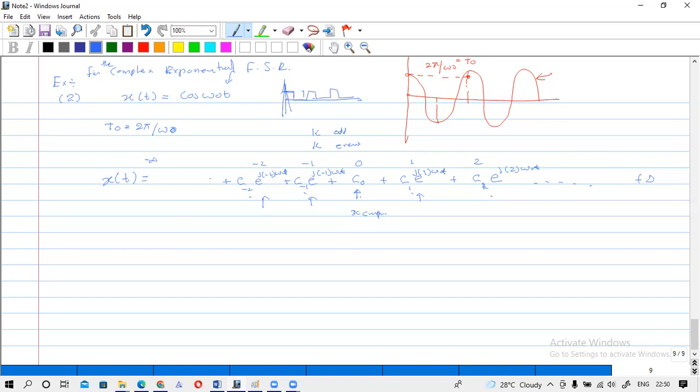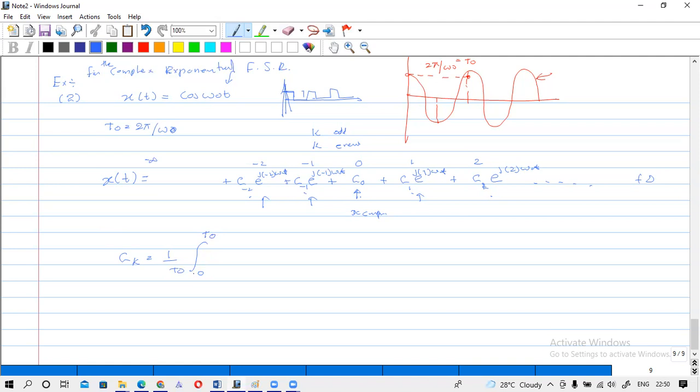So let's see what happened here. Now your target is to estimate these complex Fourier series coefficients, C0, C1, C minus 1, and so on. So let's get Ck is equal to 1 by T0 times the integral. The integration should be within a period, the fundamental period, that means 0 to T0 maybe.